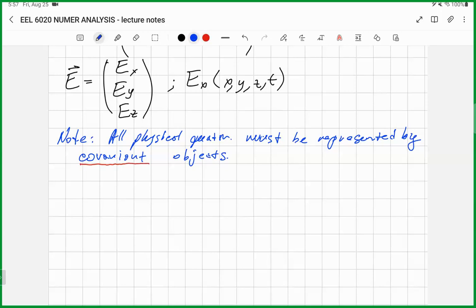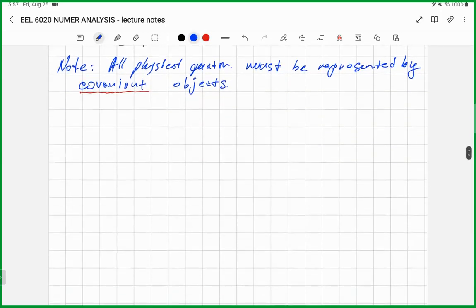So let's recall this very fundamental equation. F equals ma, right? So Newton's second law, the main law of classical mechanics. F stands for force, m stands for mass, a stands for acceleration.